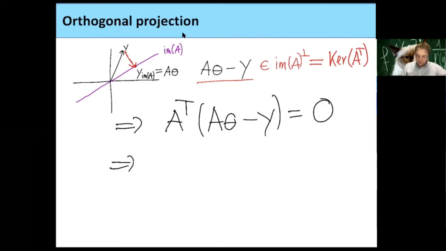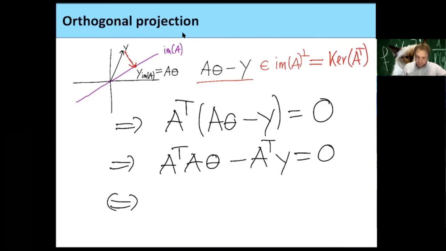But if we just multiply this out, we see that this is the same as A transpose A times theta equals A transpose y.